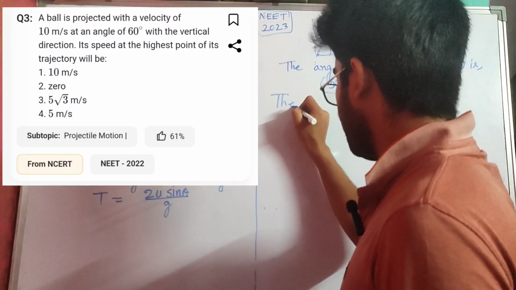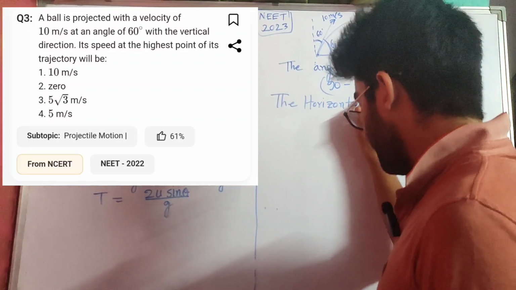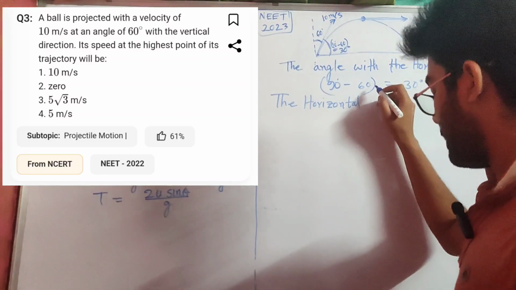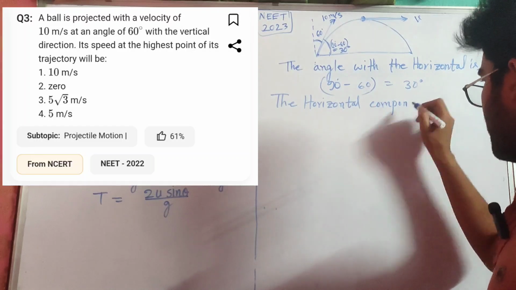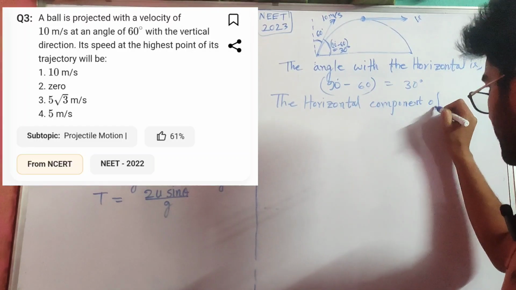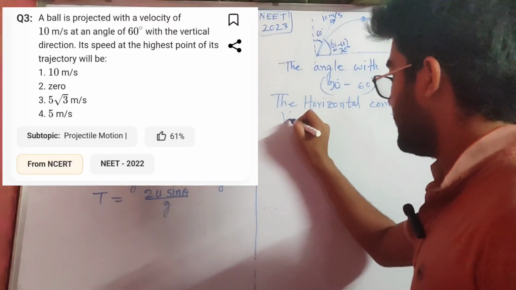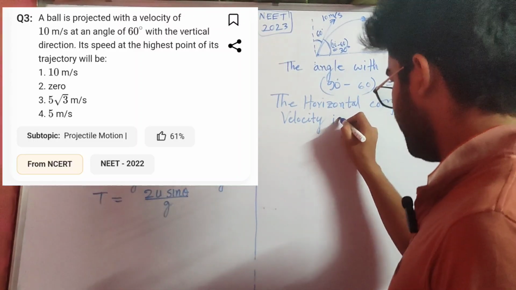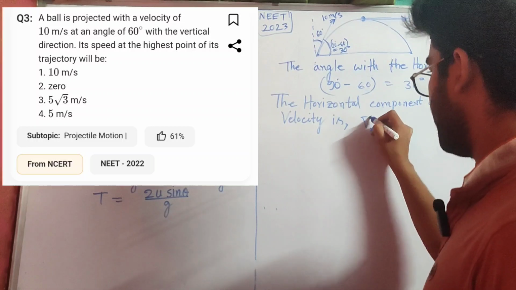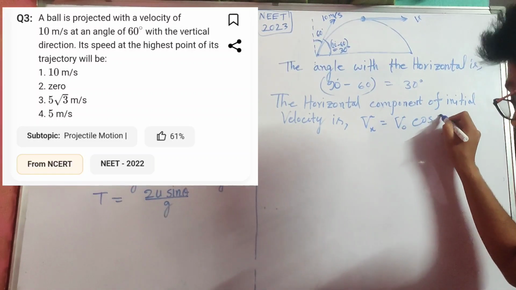The horizontal component of the initial velocity is Vx, that means V0 cos 30 degree.